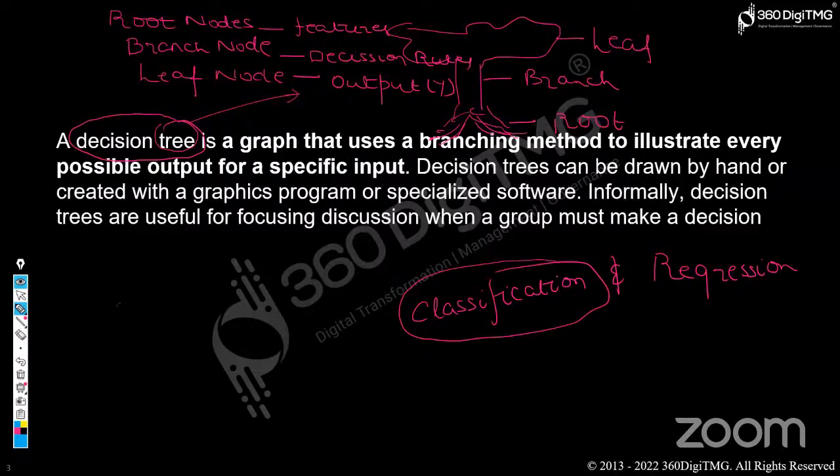In order to build a tree, we use an algorithm called the CART algorithm, which stands for Classification and Regression Tree algorithm.